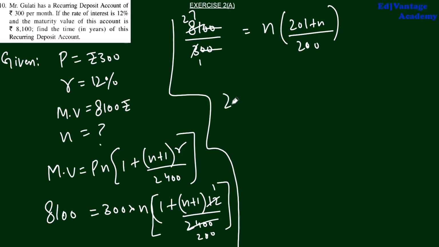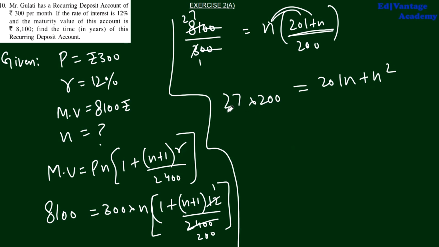Fine. So 27, 200 goes up because there is no plus or minus, so no need to take LCM. So it becomes 201 n into 200, 201 n into n.